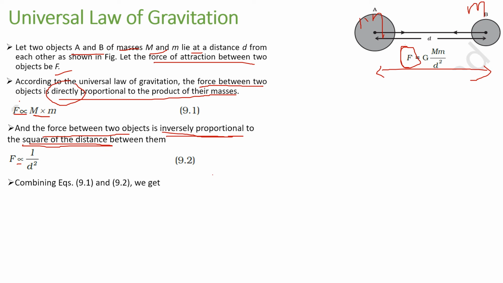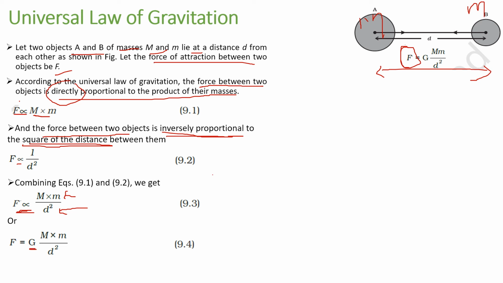Now let's combine 9.1 and 9.2. I took 9 because this is the 9th chapter in the CBSE syllabus. F is proportional to the product of masses and the square of distance, combining them. Now how do we get rid of the proportional symbol and replace it with an equal symbol? Let's put in a constant.